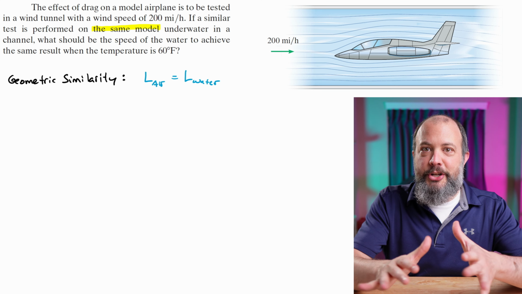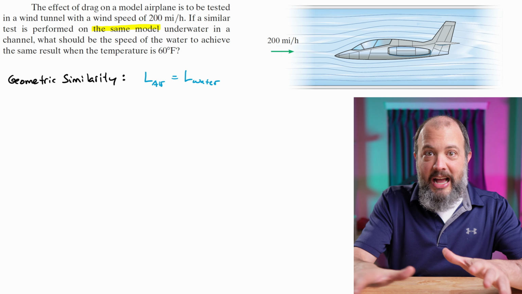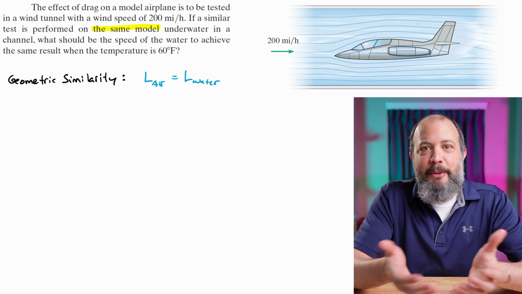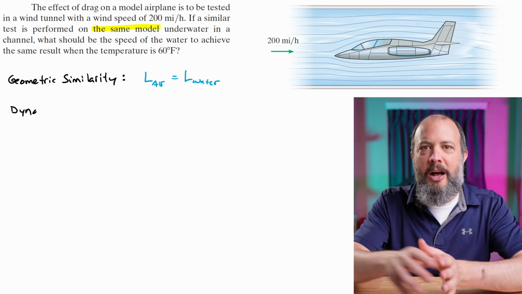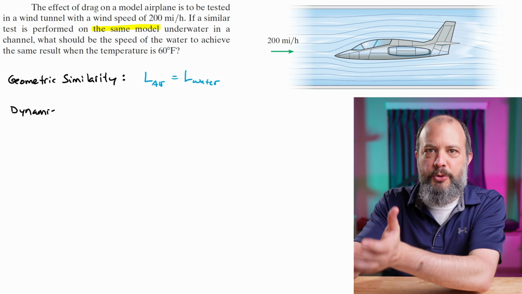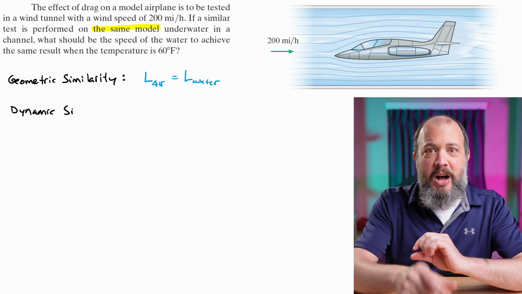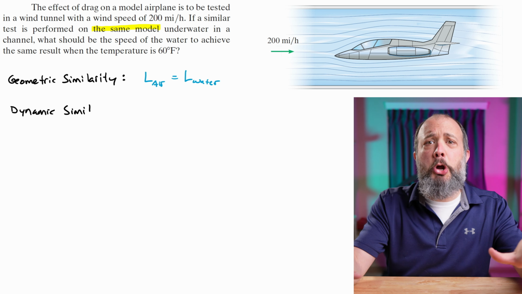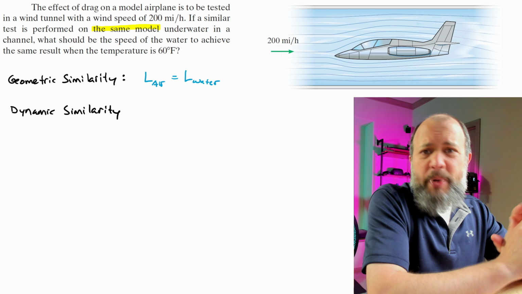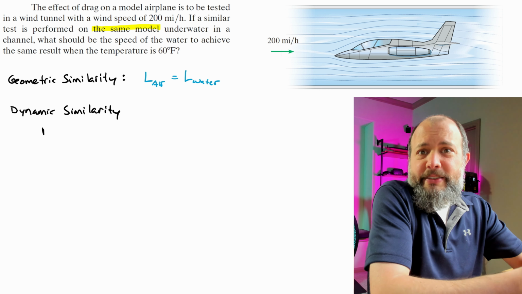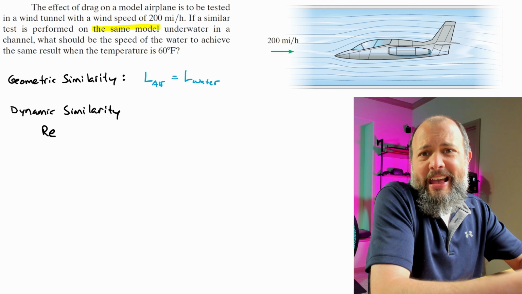For dynamic similarity, you realistically need every non-dimensional parameter to be the same. Dynamic similarity means that the relative forces on the model will be comparable to the relative forces on the actual prototype. So theoretically, Mach number, Froude number, Weber number, those should all be equal to each other. But in practice, it's often impossible to actually make all of them match for both the prototype and the model.